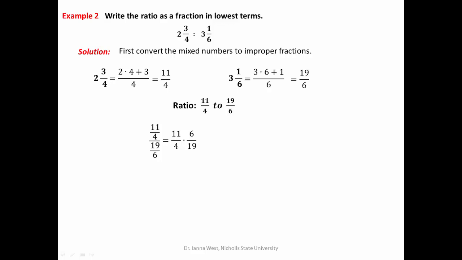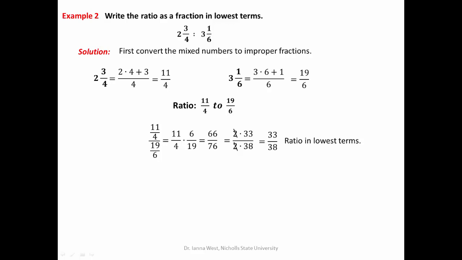To multiply the two fractions, recall that we multiply the numerators and we multiply the denominators, giving us 66 over 76. We can reduce this fraction since 2 will divide evenly into both of these numbers. We can write 66 as 2 times 33, and we can write 76 as 2 times 38. Canceling the 2's gives us 33 over 38, our ratio in lowest terms.